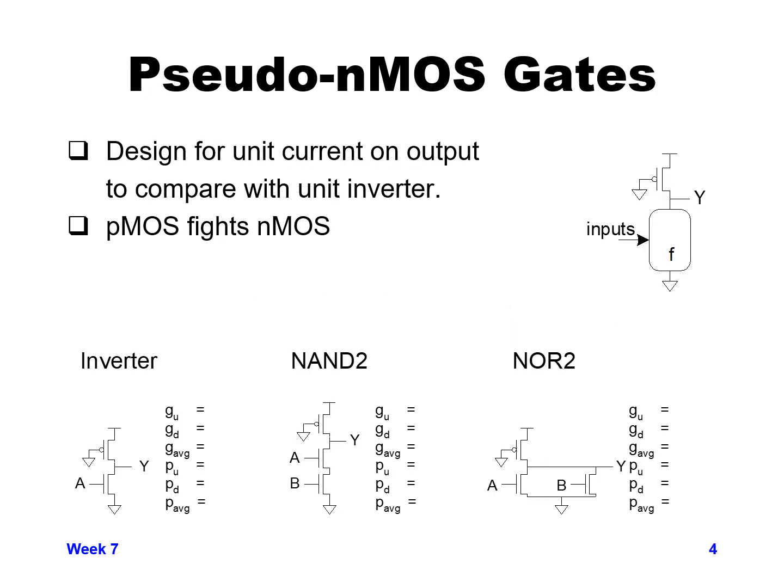Here we can see a couple of different designs for pseudo NMOS gates. We already looked at an inverter, but also if we look at a NAND2 and NOR2 type gate, what we want to design for is a unit current on the output to compare with our unit inverter and do our sizing for that. But keep in mind that the PMOS device is going to fight the NMOS device when you're trying to pull the output low.